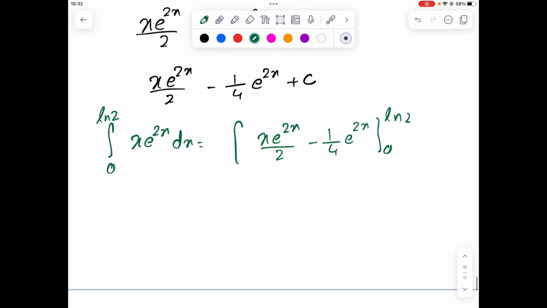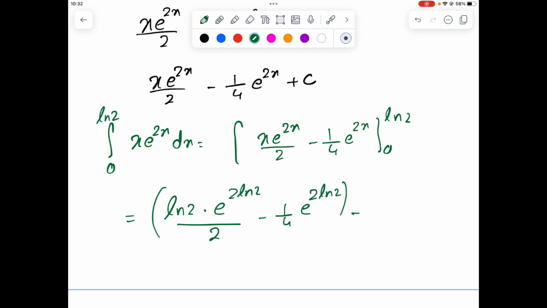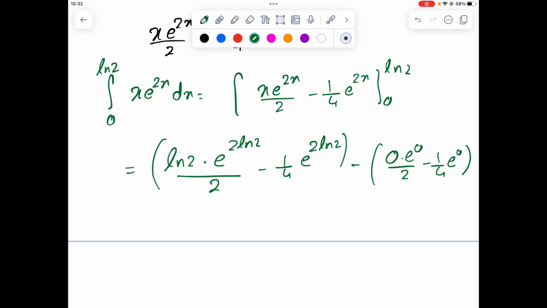Now plug in upper limit: ln 2 times e power 2 ln 2 upon 2 minus 1 upon 4 e power 2 ln 2, minus 0 times e power 0 upon 2 minus 1 upon 4 e power 0. E power 2 ln 2 is e power ln 4, so ln 2 times 4 upon 2 minus 1 upon 4 times 4, minus 0 plus 1 upon 4.